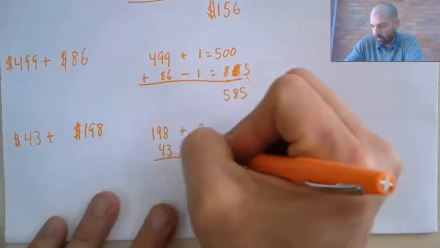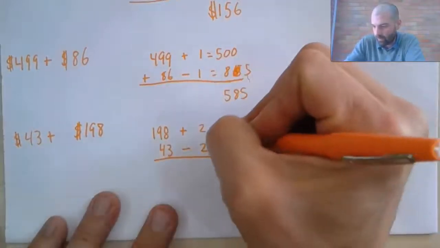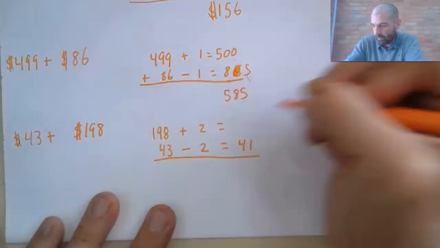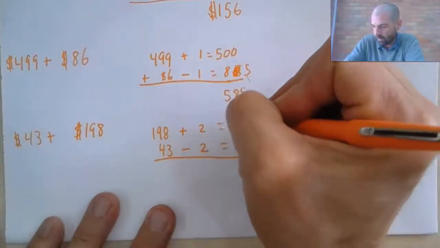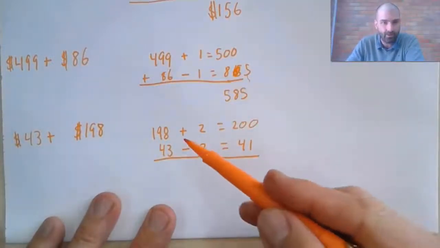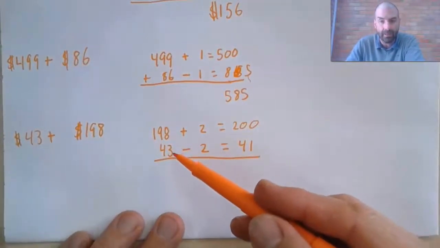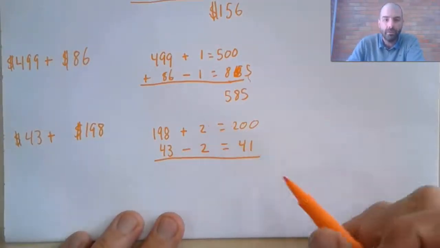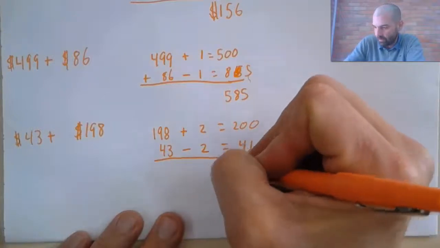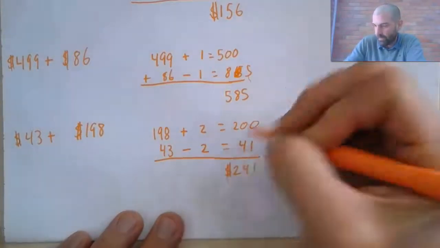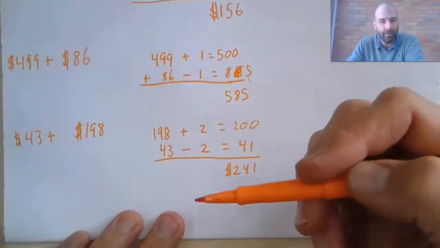So that means if I take away 2 from 43 to get to 41, and I give those 2 to 198 to get up to 200, I've changed this problem, 198 plus 43, to $200 plus $41, which is $241. Again, simpler to think about in my head.